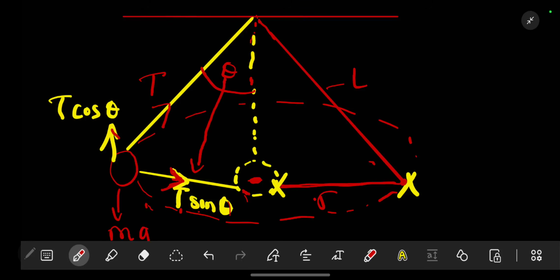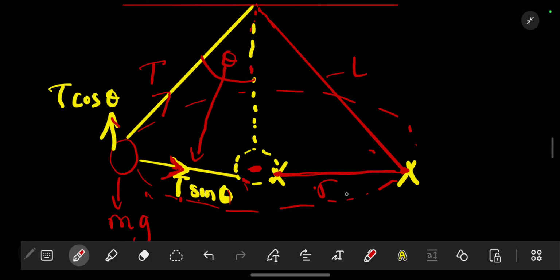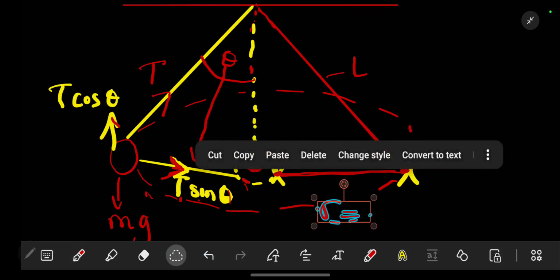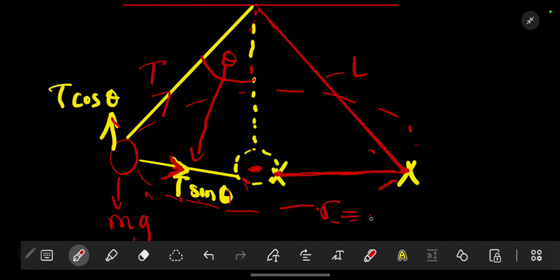Any point on the circumference to the center is the radius. Now, if you see, this is L, this was T. If we have the angle here, whatever side is opposite to the angle shall carry sine.